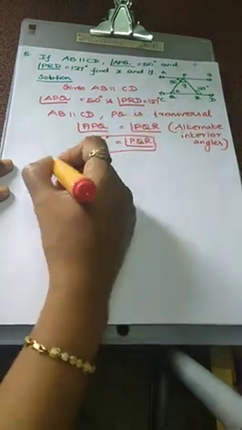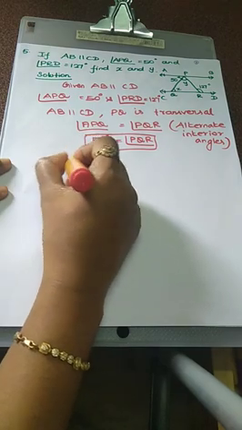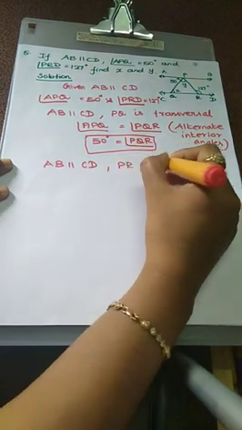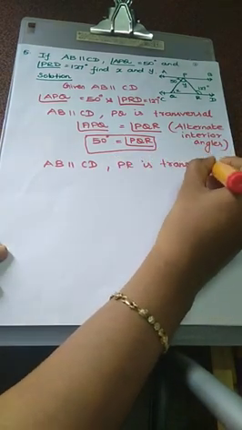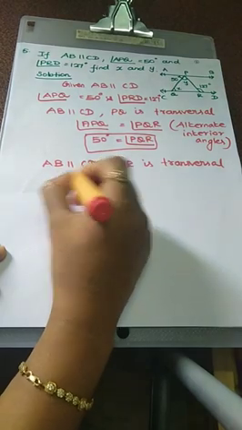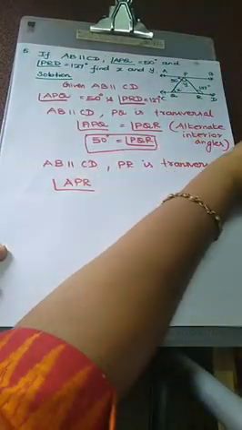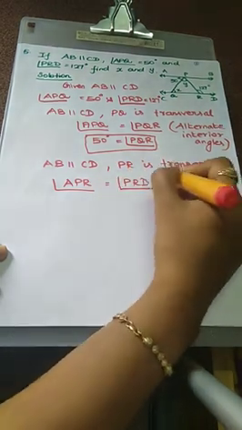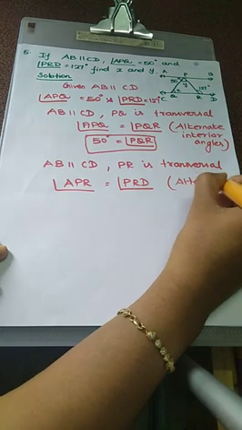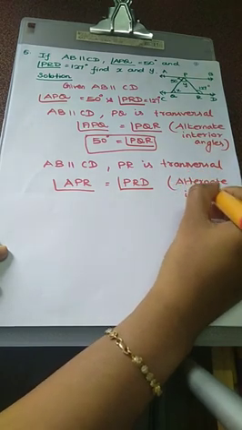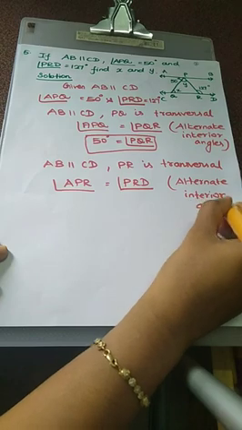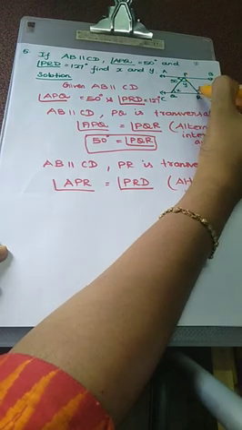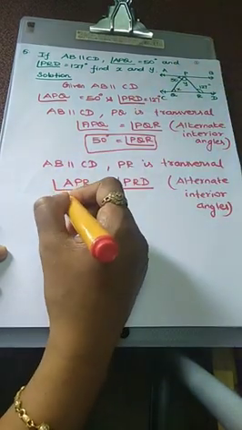Next one. Again the same condition. AB is parallel to CD. PR is also a transversal. So we write angle APR is equal to angle PRD. Again the reason is the same: alternate interior angles. Angle APR means APQ plus QPR.